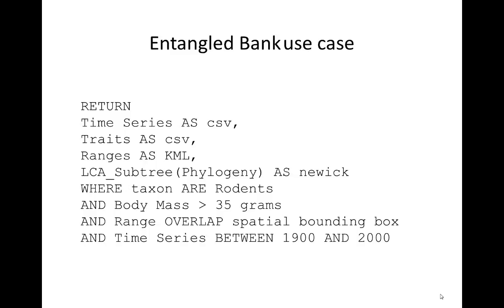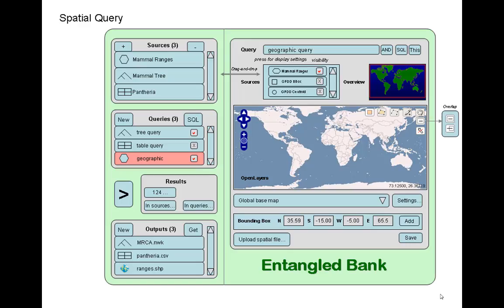And we might have some where criteria, where a taxon are rodents, so rodents that are greater than 35 grams and whose range overlaps a spatial bounding box. And there are time series for these organisms between 1900 and 2000. That was the kind of query we wanted users to be able to implement through the interface. And that was basically our example of a use case.